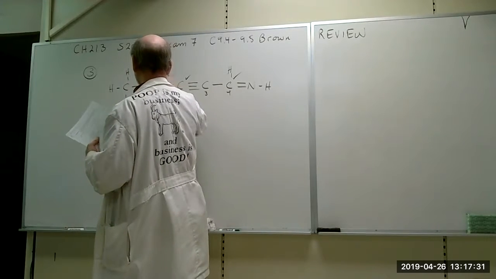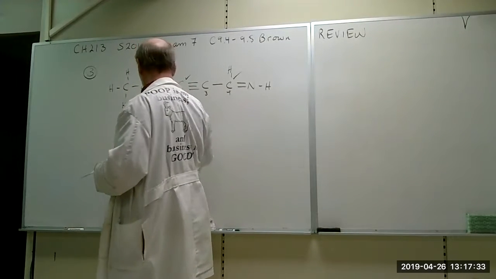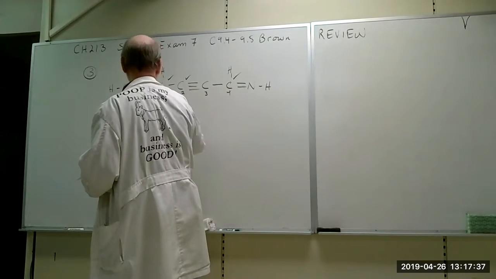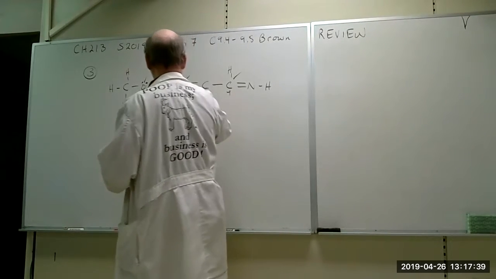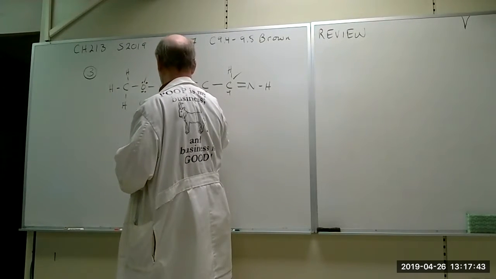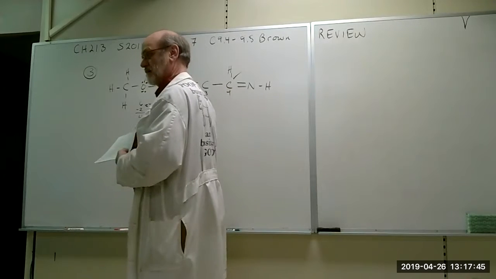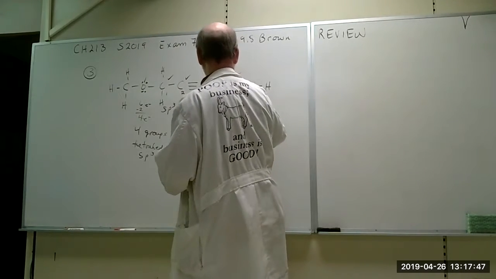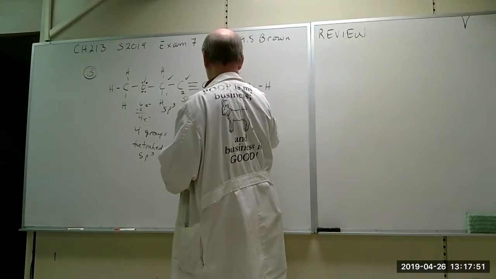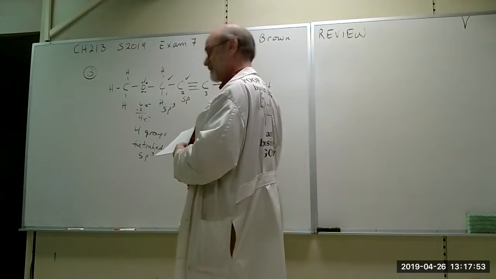Okay. This one is simple. It's got 1, 2, 3, 4. So it's also sp3. This one has 1, 2. So it only needs 2, sp. And this one has 3. So it's sp2. Okay.